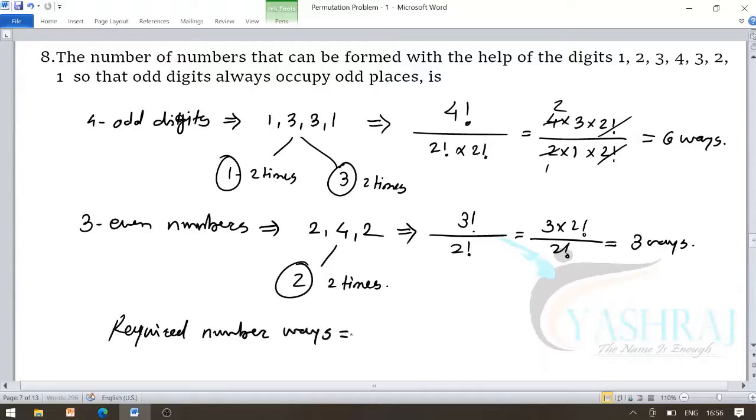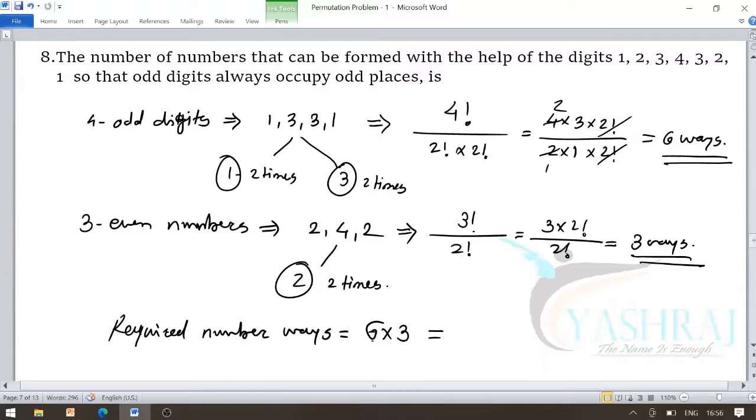we are having 6 into 3, as per the multiplication principle. That means for the 4 odd digits along the 4 odd places we have 6 ways, while for the 3 even digits along the 3 even places we have 3 ways.